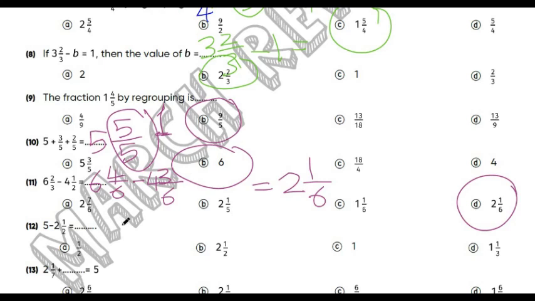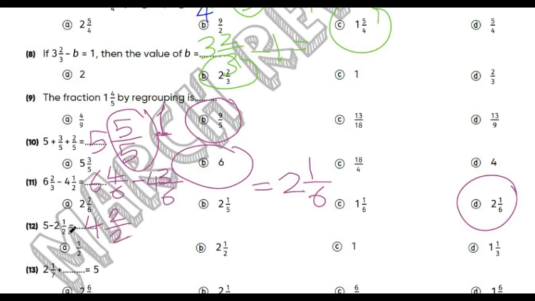In the next question we have 5 minus 2 and a half. To solve this, first we have to convert this whole into a mixed number like this one. So 5, we will take 1 from it, so it will be 4, and the rest will be as the denominator here. We write 1, but in the form of a fraction 2 over 2.